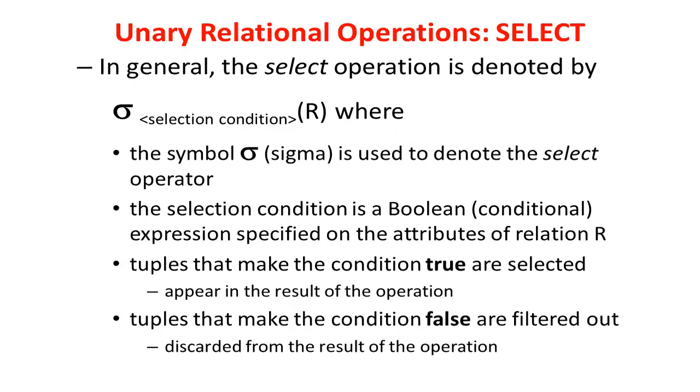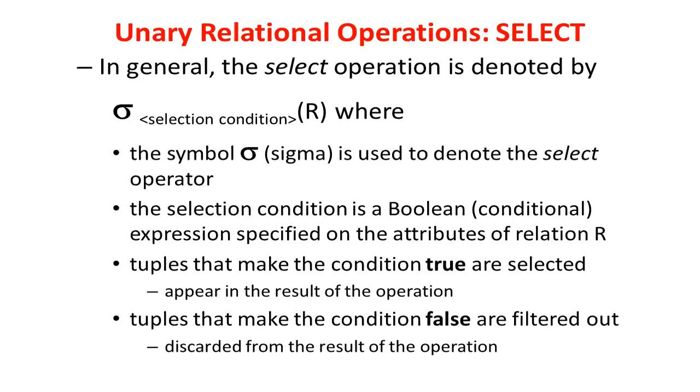Then here we'll first discuss the unary relational operation select. This is the first one. This select relational operation is more or less equivalent to the select statement that we use in SQL commands. For this select operation we use the symbol sigma.